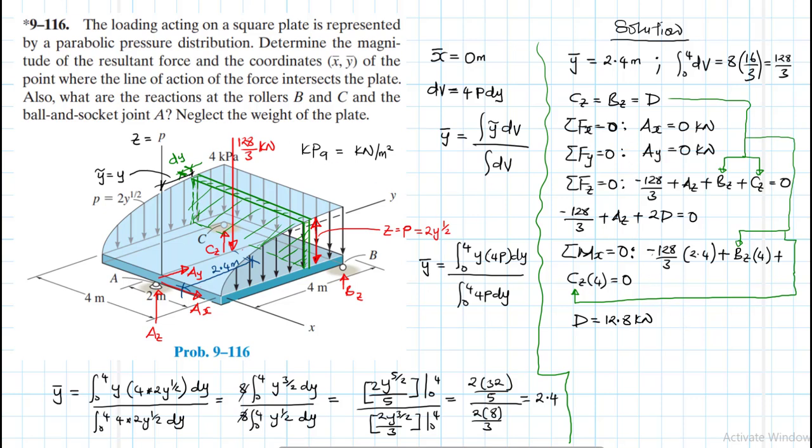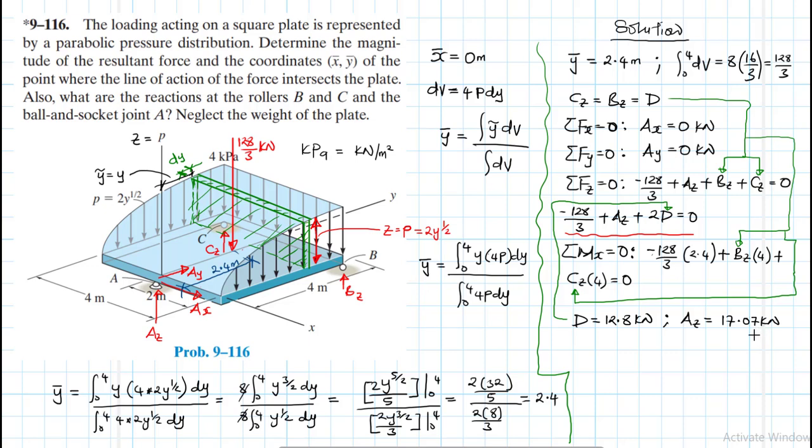And then if we found what d is, we can come to this equation here and replace the d. We replace the d there. And if we did so, then we'll find that the value of Az will be equal to 17.07 kilonewtons.